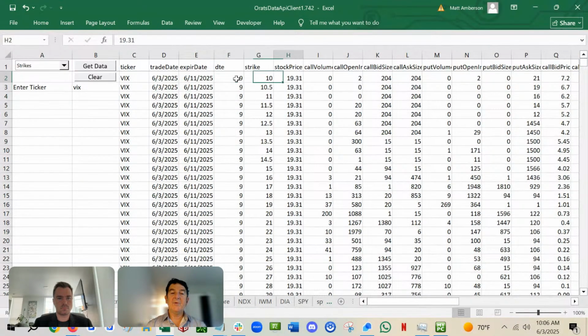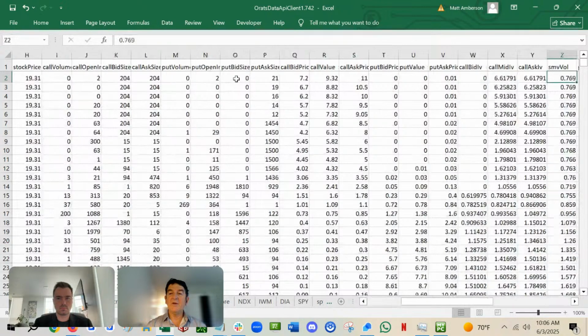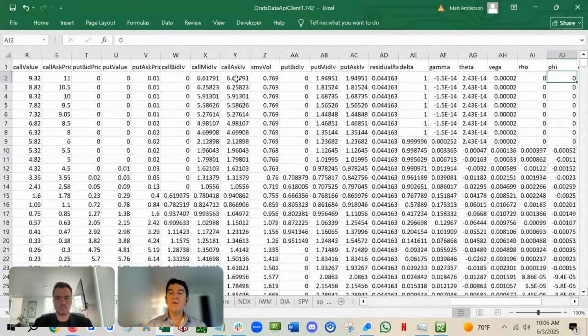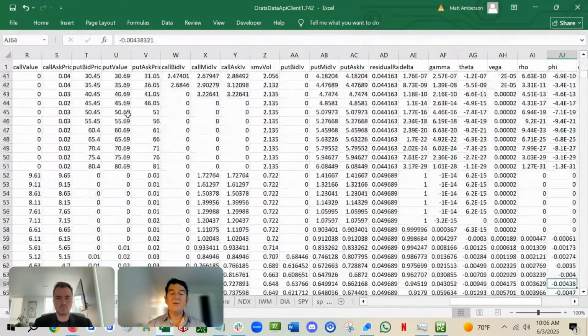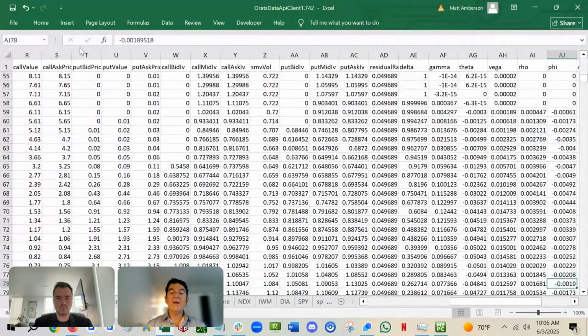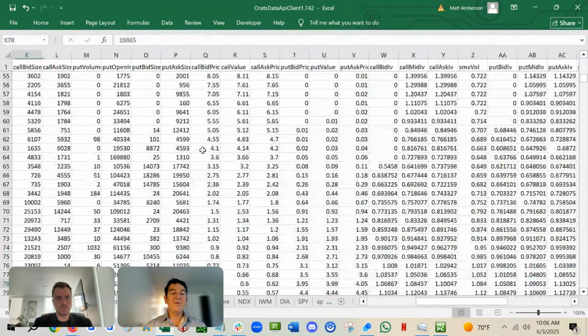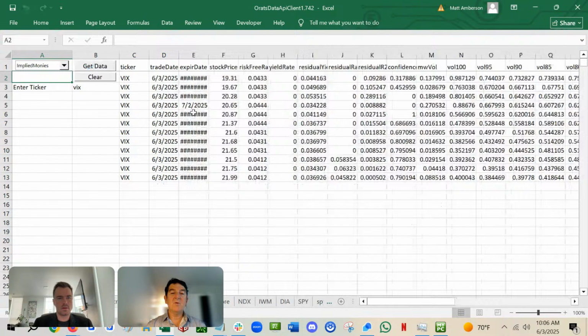So here's VIX and we're showing open interest and bids and offers, and then implied volatilities, deltas, and Greeks at all different strikes. So this is the most detailed option, right? This is one line per option, and then we summarize each month, for example, in what we call the implied monies, so the moneyness or the deltas.